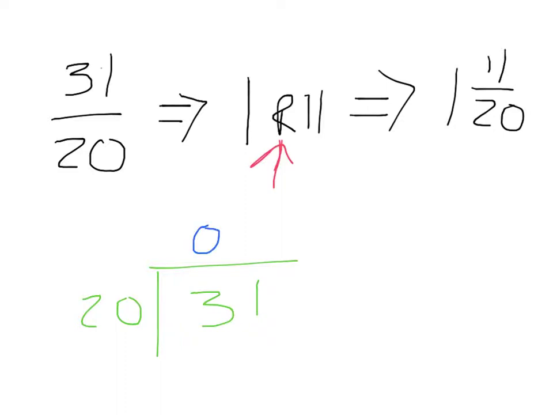Okay, 20 goes into 31 once. 31 minus 20 is 11. And it brings me back up to my remainder of 11. Okay, I have to keep this denominator of 20 because I'm saying that I have 11 pieces out of 20 possible.